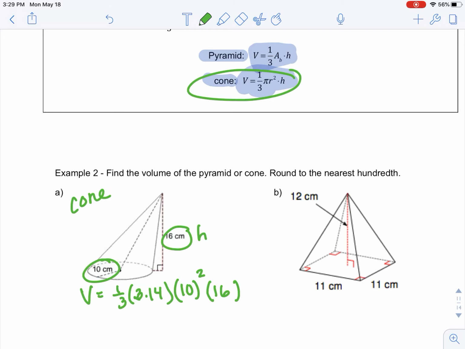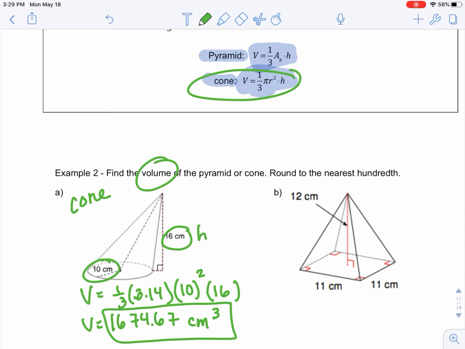And then I just type all that in my calculator. And I get a nice big number, 1674.67. Don't forget units cubed, again because it's still volume.